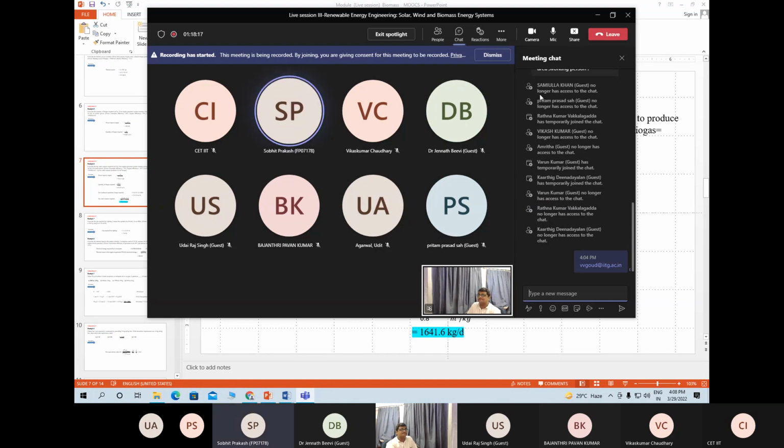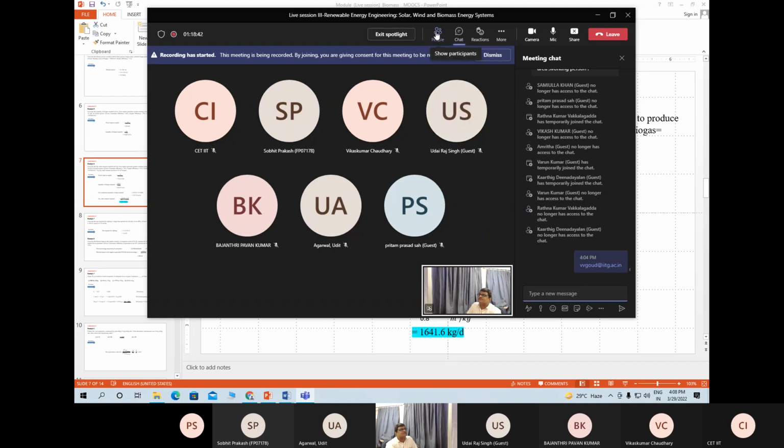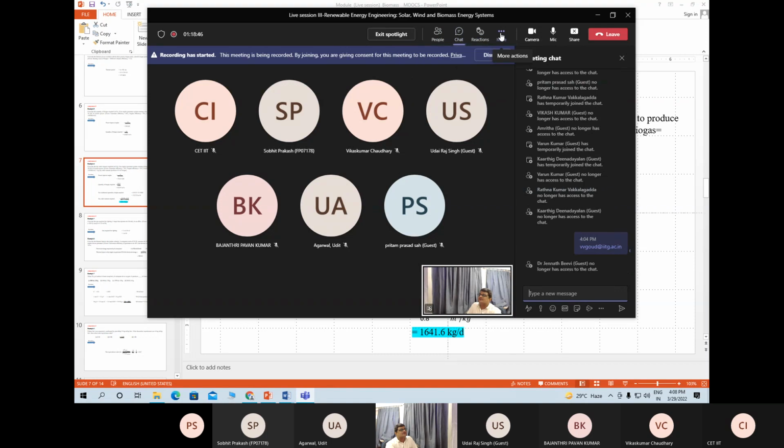Sir, it is not clear on my laptop. Should it be in a very big size, sir? No, you just see the chat box. On the top you have people, chat, reaction. You just click on the chat. Can you see on the top side of your laptop? You have certain symbols on the top: people, chat, reaction, more. Do you see that or not?